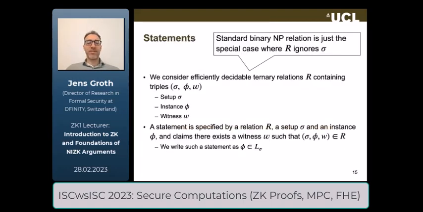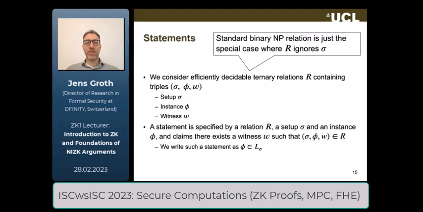Okay, so now we want to prove statements. In general, I'm going to think of zero-knowledge proof as working for an efficiently decidable ternary relation R that may depend on a setup, an instance, and a witness. Okay, and I talked before about NP, where you only had an instance and witnesses, and of course that's just a special case where this relation ignores the common reference string.